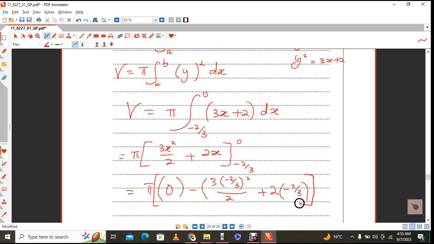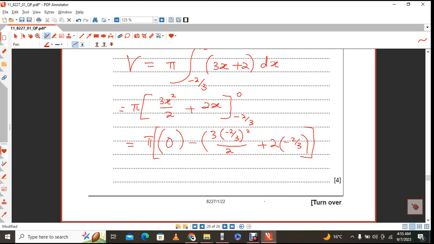If you were to do this, you're going to get an answer of pi times 2 over 3, which is 2 over 3 pi, and the units here, because it's volume, will be cubed.